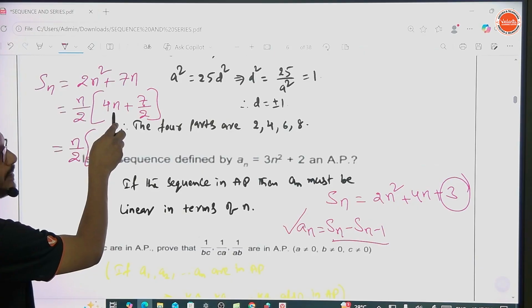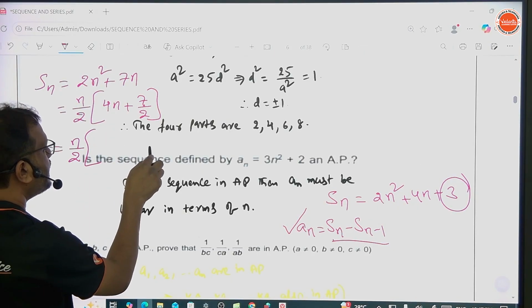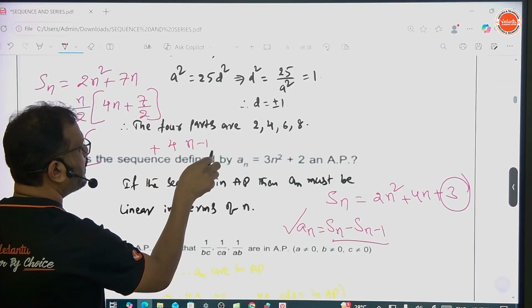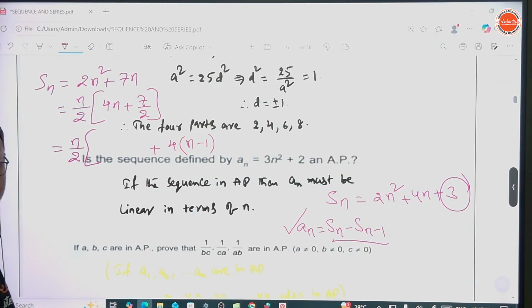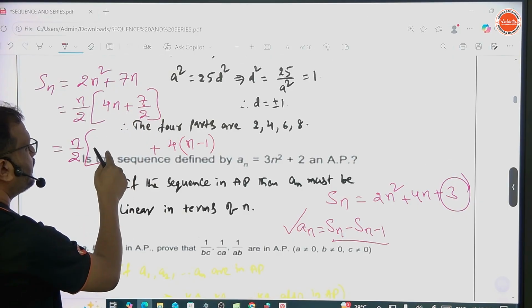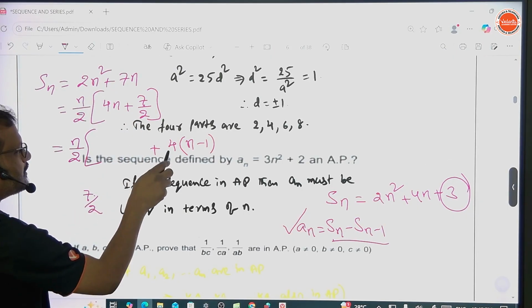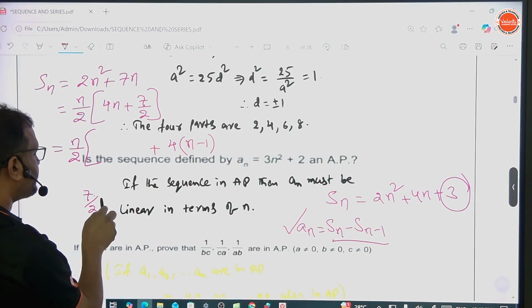So here n minus 1 must be there. So let's take 4 into (n minus 1). Now how much do you have to take here? What is the constant value? From 7 by 2 we have; minus 4 we took here, so plus 4 you have to add here.